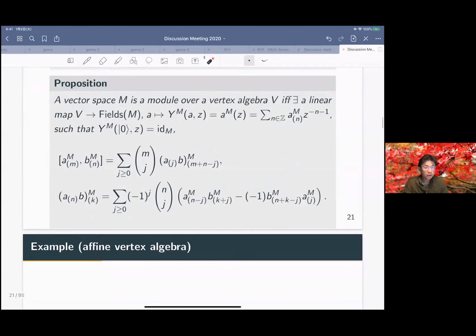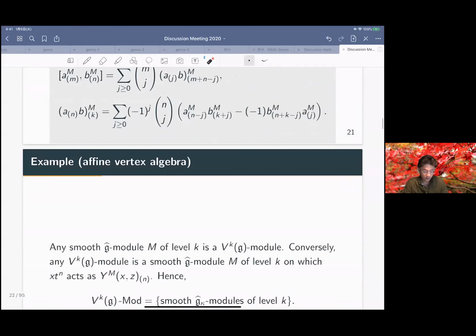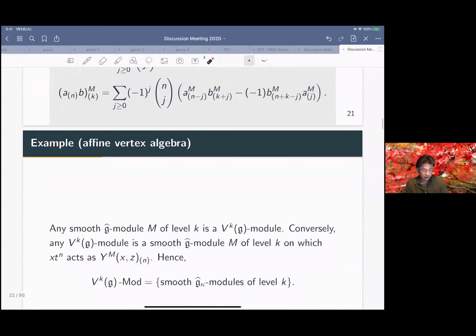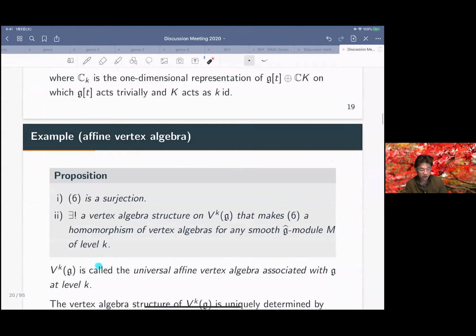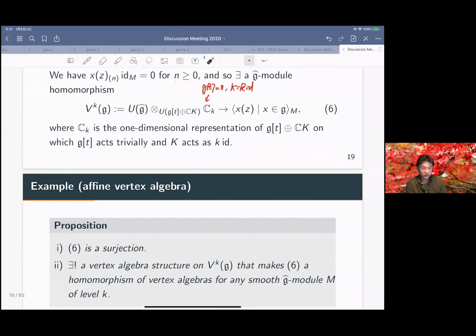So now, an example. Any smooth G hat module of level K is a module of this universal affine vertex algebra, because we have this surjective map of vertex algebras.